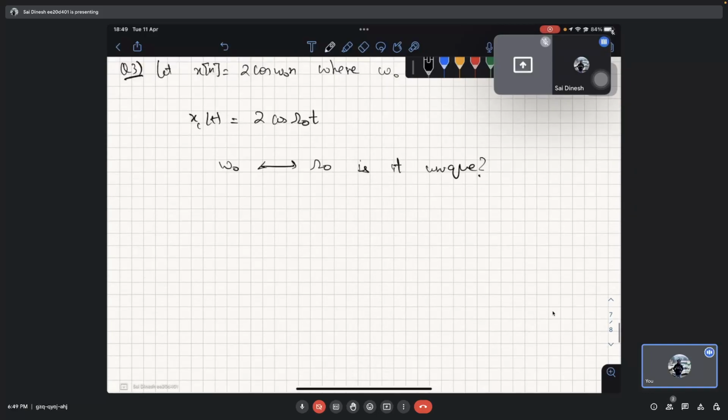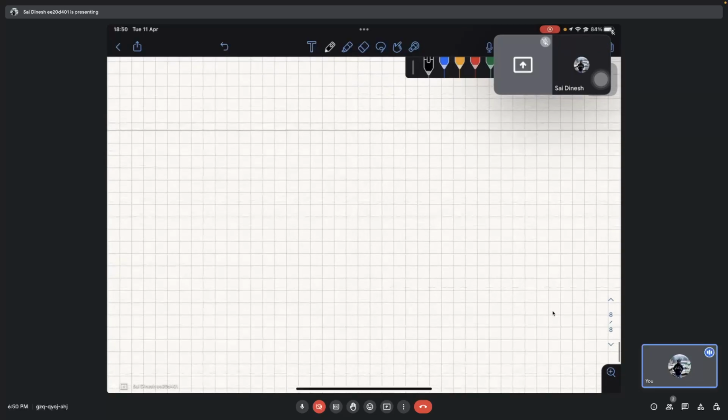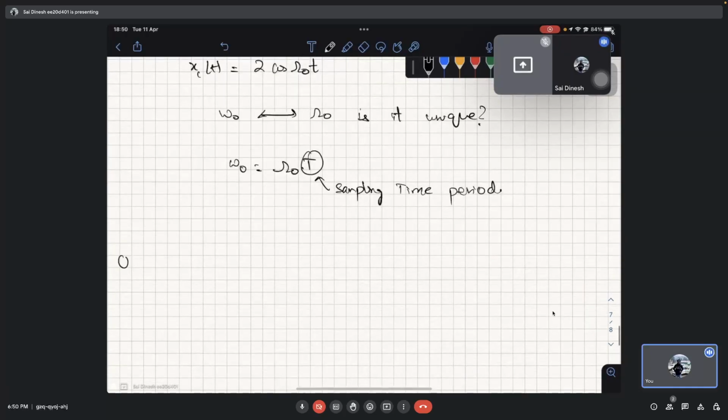We have seen that this omega naught is actually omega naught times T, which is the sampling time period, right?